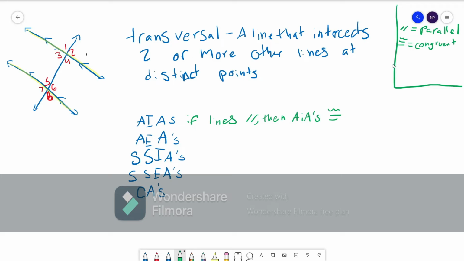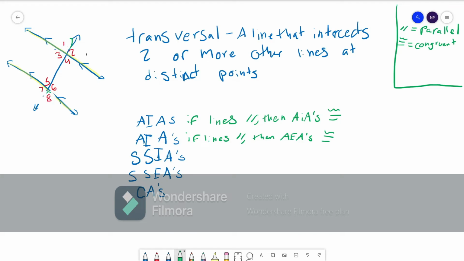Cool. Now, alternate exterior angles would be 1 and 8 in this case. And if lines parallel, then AEAs are congruent. Meaning if 1 was 100, 8 would be 100.